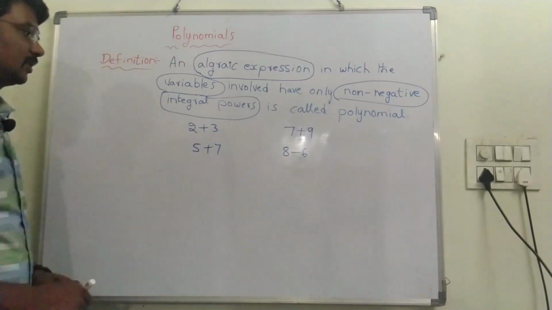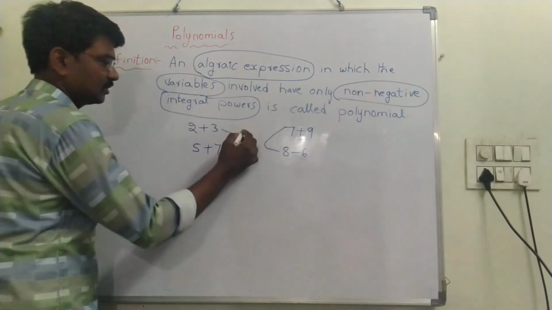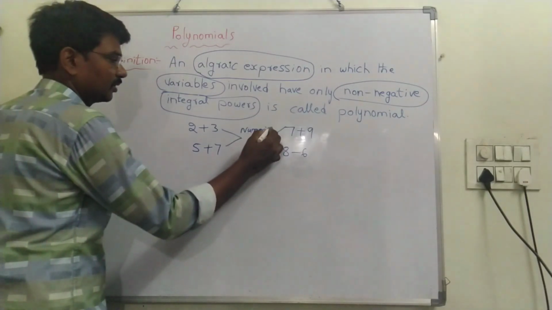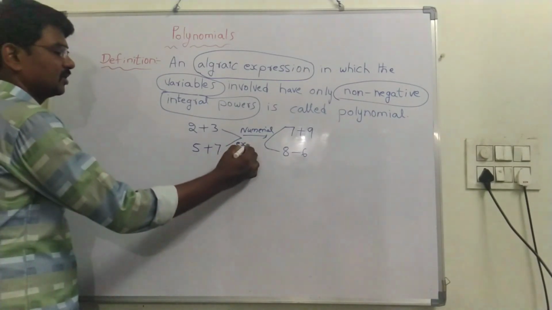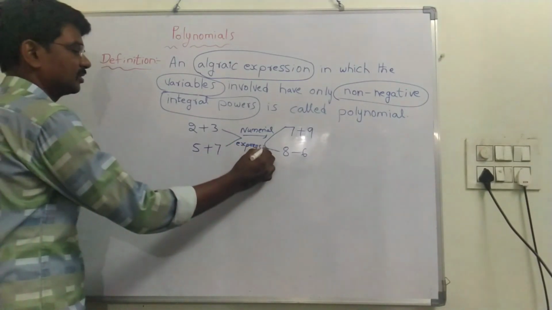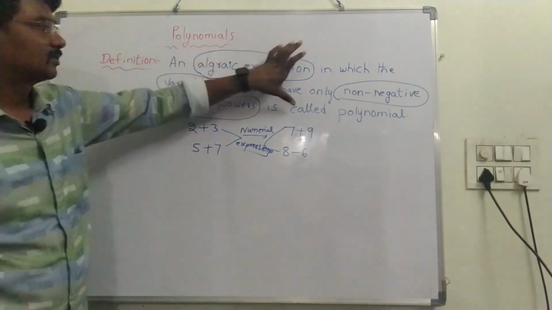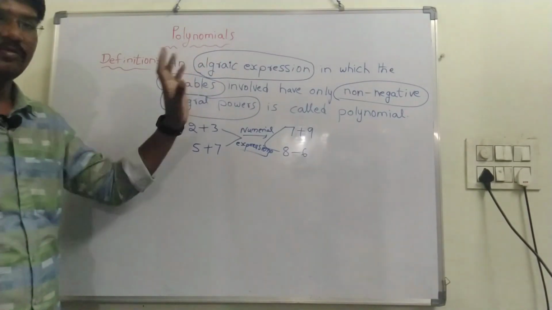That's why these expressions are called numerical expressions. In the definition of polynomials, some words are critical for us.